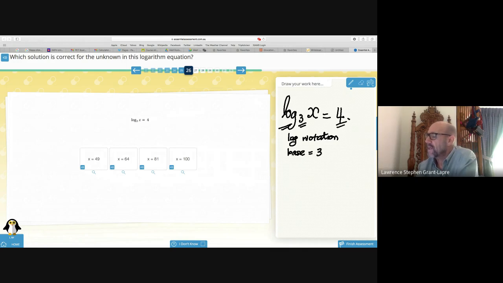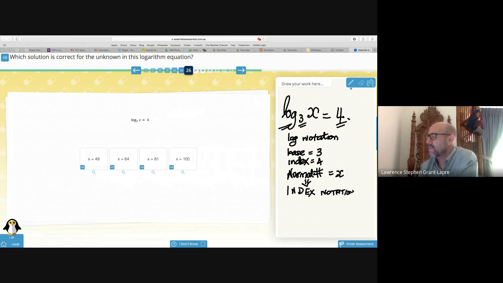The log is the index, and the normal number is x. So we convert that into what they call index notation by rearranging the positions.